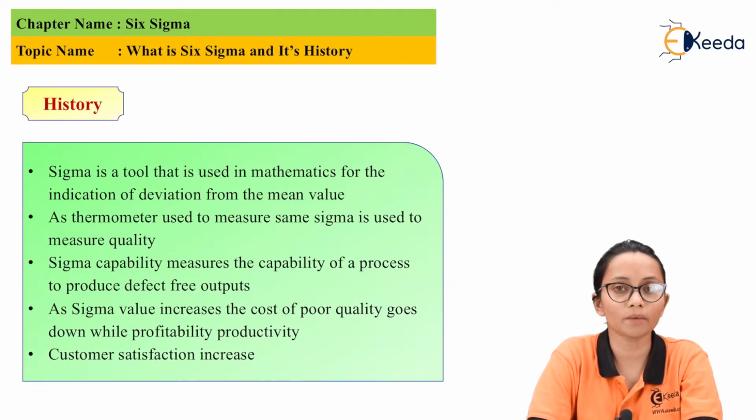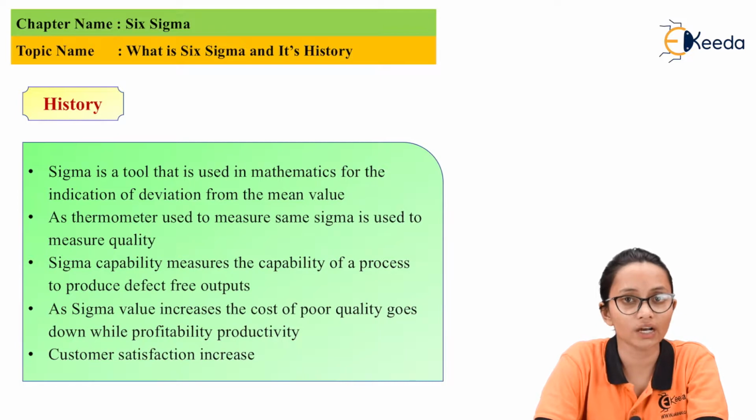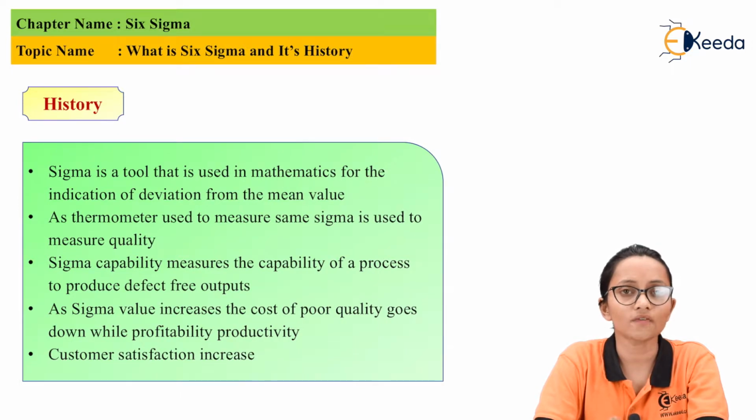Six Sigma was developed by Motorola company by using the knowledge given by quality gurus like Taguchi, Ishikawa, Deming and many others. It was coined by Bill Smith, who is also known as the father of Six Sigma. In 1970, Motorola started experimenting with the problem solving through statistical analysis, and in that, they developed Six Sigma.